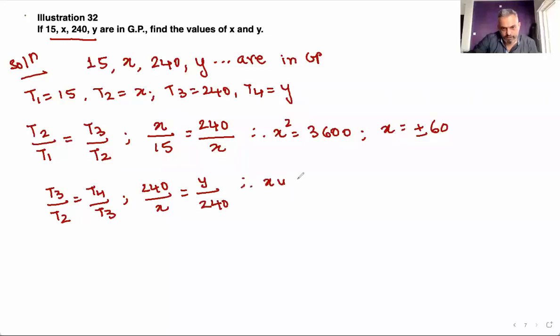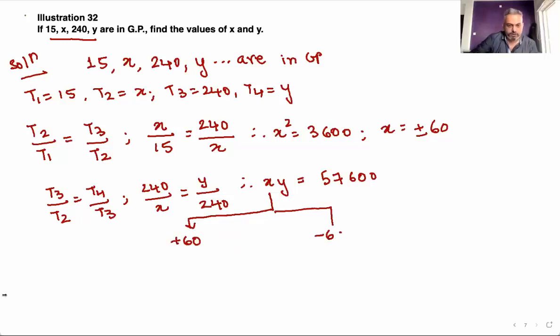Therefore, x into y is equal to 240 square, which is 57,600. Now, x has two values. x is plus 60 also and x is minus 60 also.